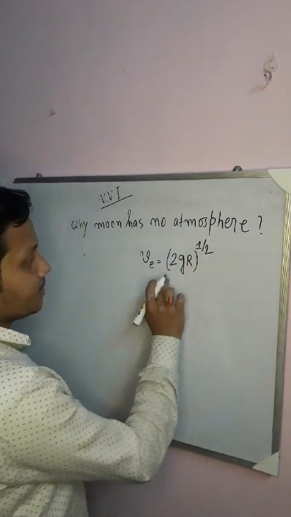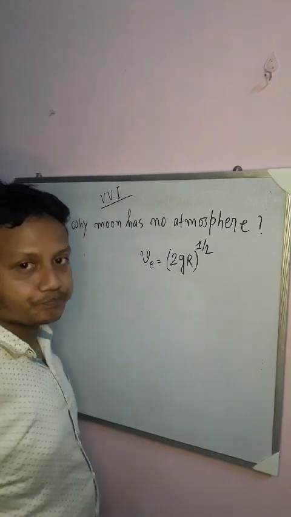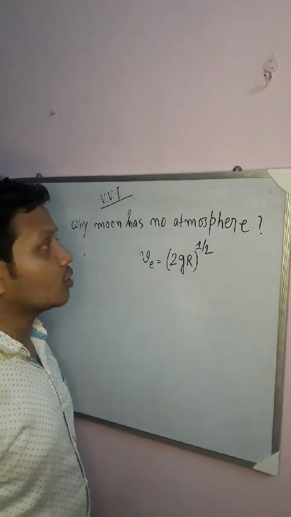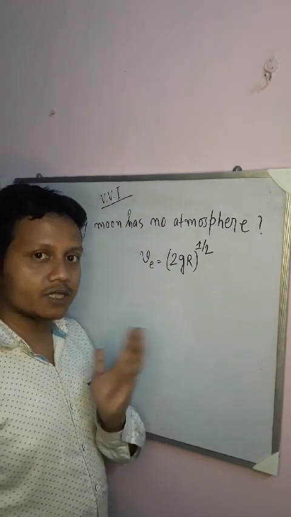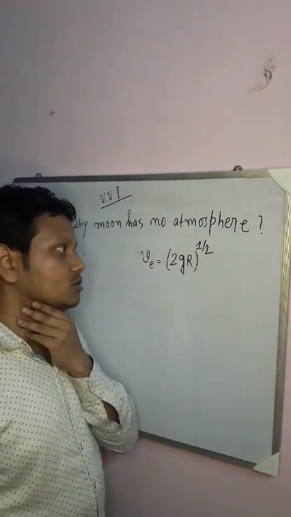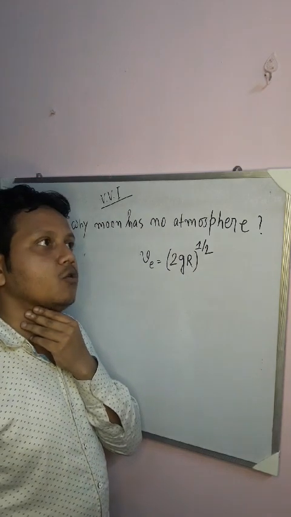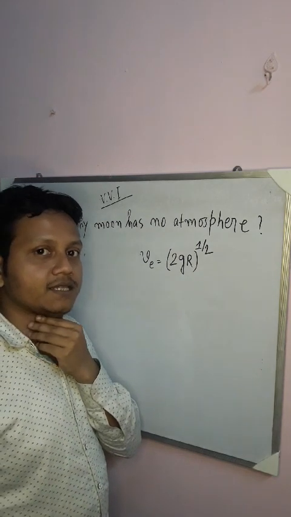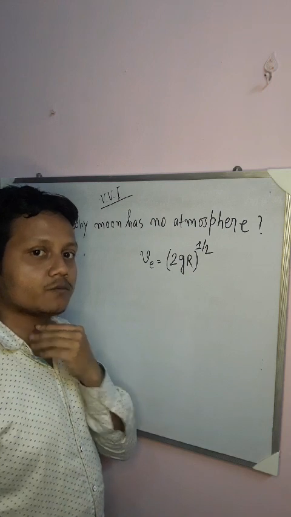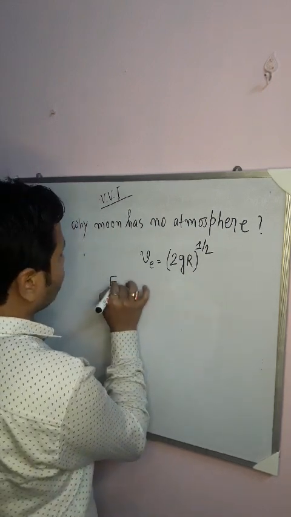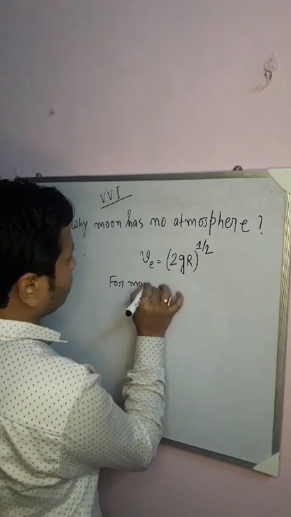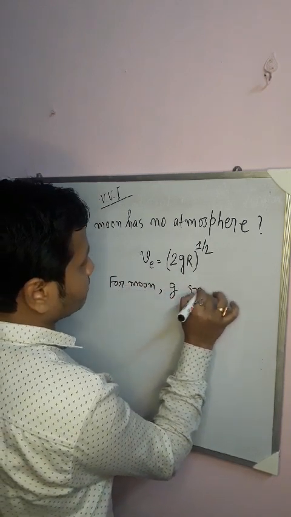That means you see g. Okay, so you all know that in case of a moon, the acceleration due to gravity is very small, because if an object has weight 36 kg on Earth, then it has weight of 6 kg on moon. So for moon g is small.